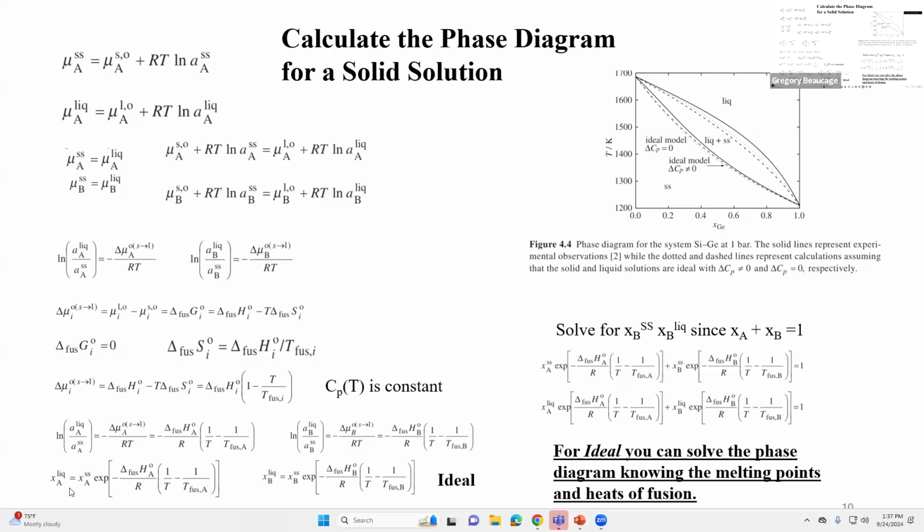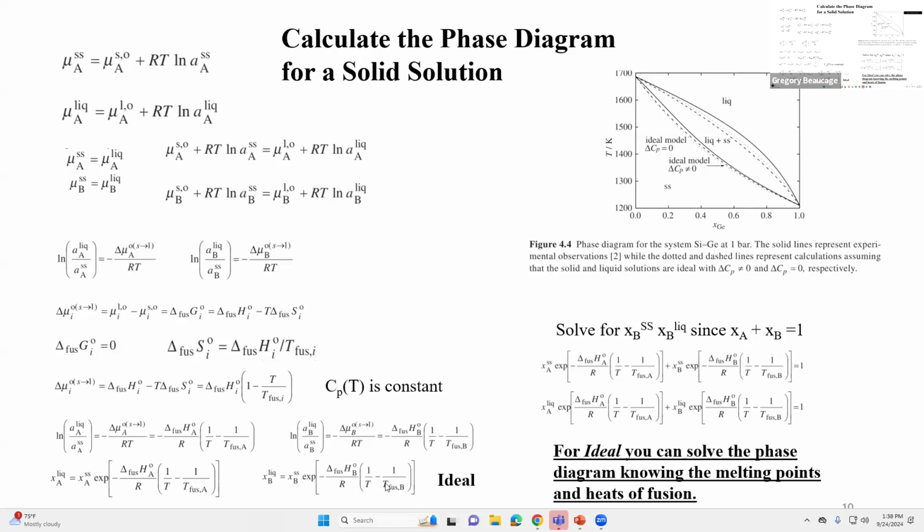You say X liquid, X solid is this and that. So you reduce these equations down to this. So you have a log, so you turn the log into the exponential of the enthalpy expression. And then that gives you the mole fraction liquid if you know the mole fraction solid, and the mole fraction solid if you know the mole fraction liquid. But those are two equations with four unknowns. You don't know XA, right?